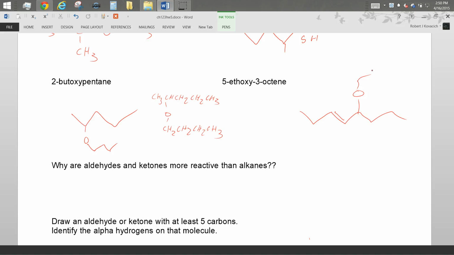Can you see why the IUPAC naming is a little more superior than the common naming? The common naming would force a person to see this oxygen and say, okay, that's an ether. There is one side of the ether, so that's an ethyl, and then this is the other side of the ether.